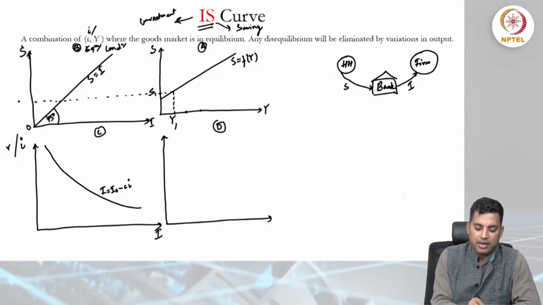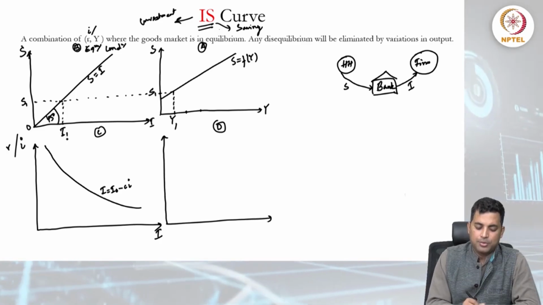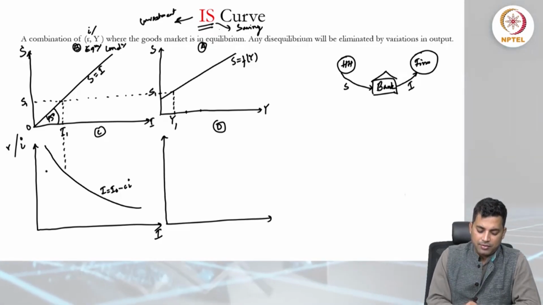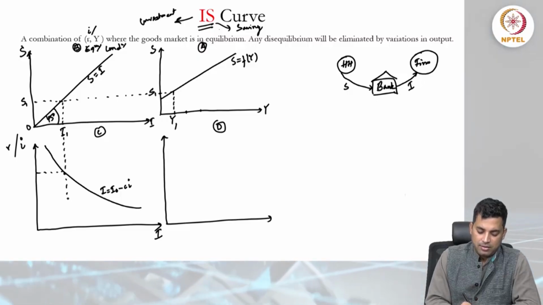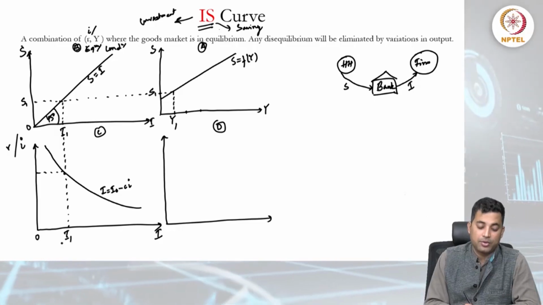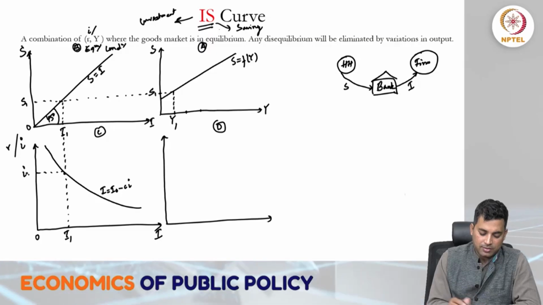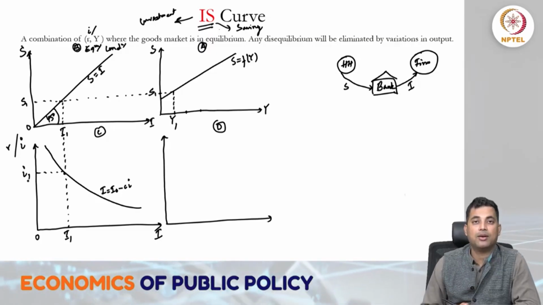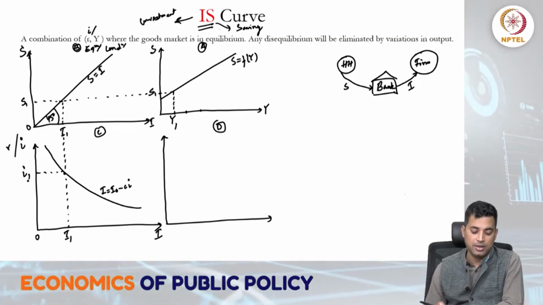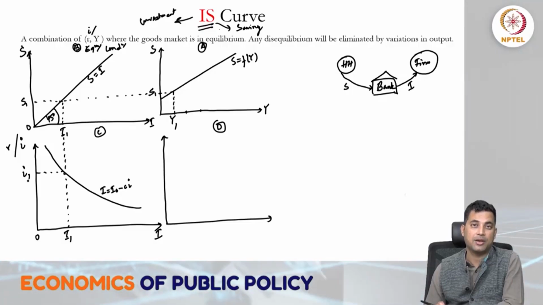With S1 amount of savings, firms can invest up to OI amount of investment. At that level, the rate of interest was small i1, so at that rate of interest, investment will take place of O capital I1.